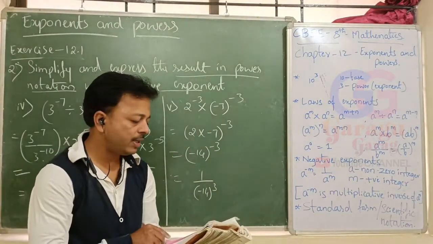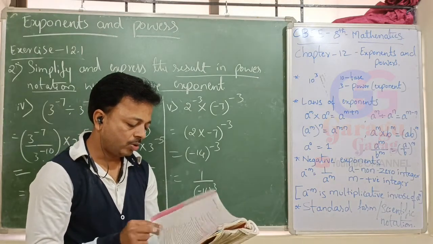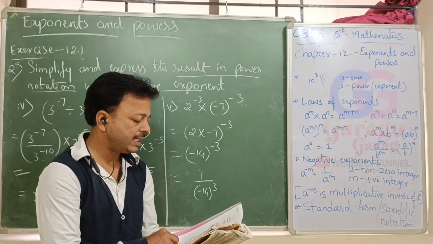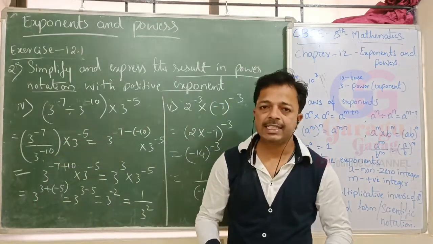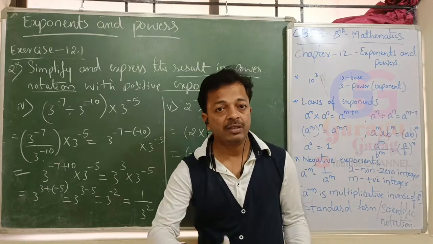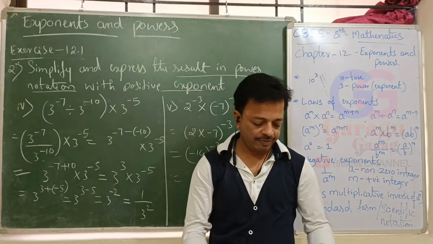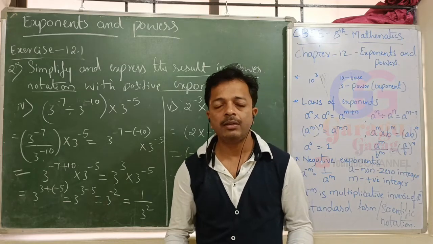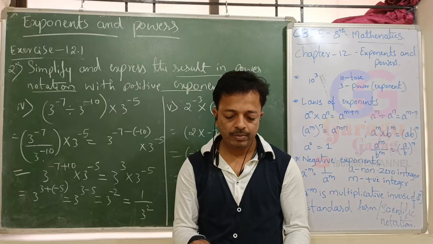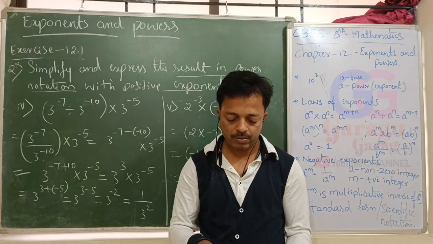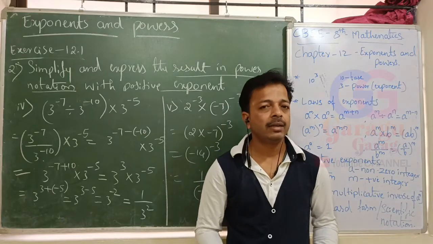How many questions are there? 7. So the third, fourth, fifth, sixth and seventh ones we will discuss in the next class, in the next video that I upload after this video.